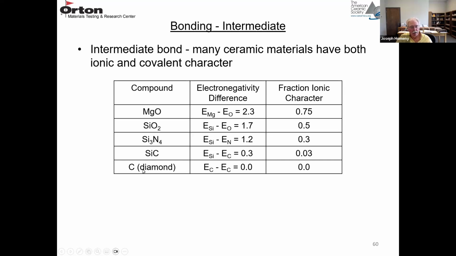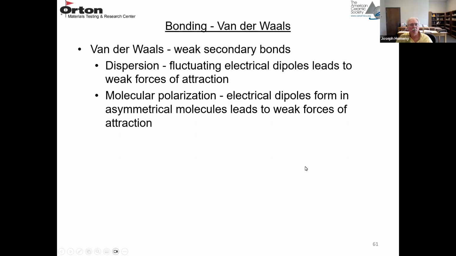And then a material like carbon in the diamond structure, E of C minus E of C has to be 0. So it is completely a covalent bonded material. So MgO, SiO2, silicon nitride, silicon carbide, and carbon are all important refractory materials.